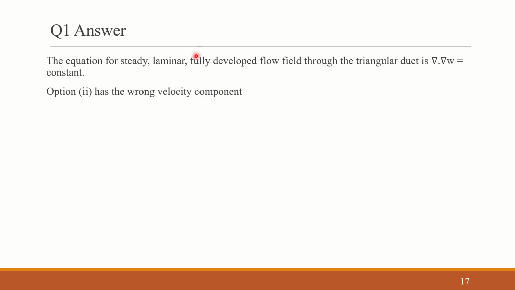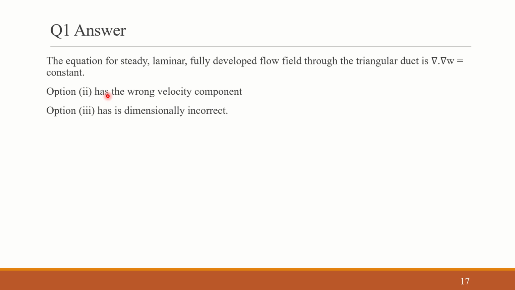Option 1 is wrong because it was given del dot del W as 0, but what we obtained is del dot del W equal to constant, so option 1 is false. Option 2 has the wrong velocity component, it was mentioned as U, so again it is wrong.